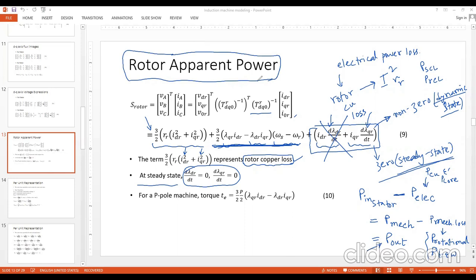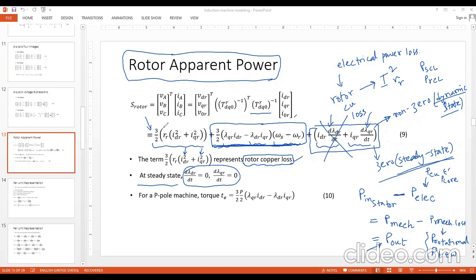So in this case, the torque that is induced for getting the rotor apparent power is this one. Out of this one, you would get the required torque, because you see lambda QR IDR minus lambda DR IQR. That means there is some interaction between the Q axis and D axis quantities.